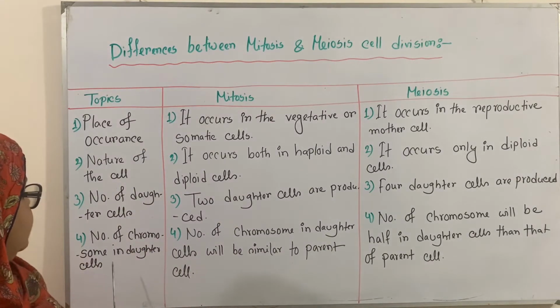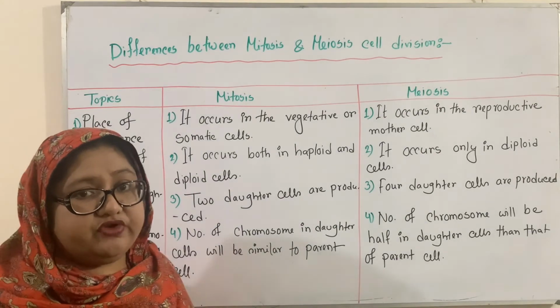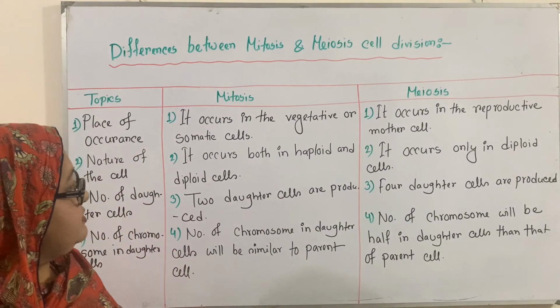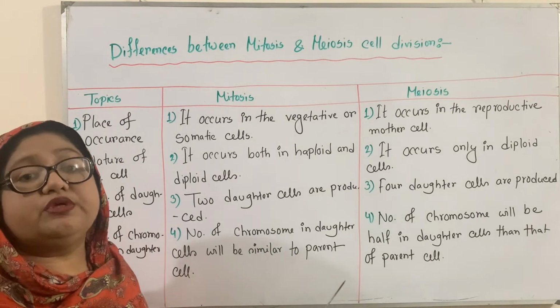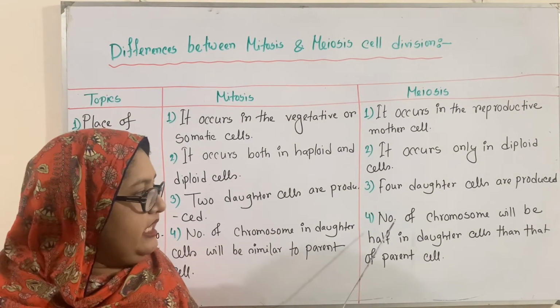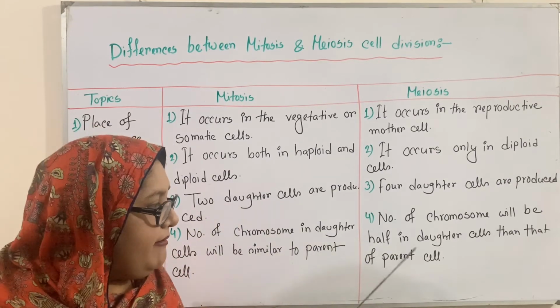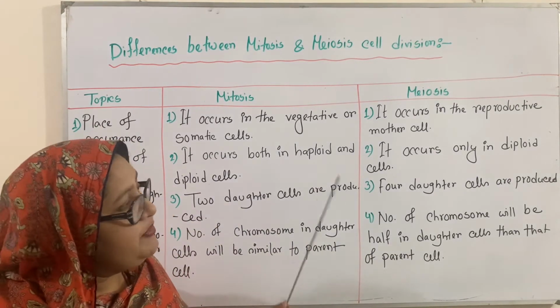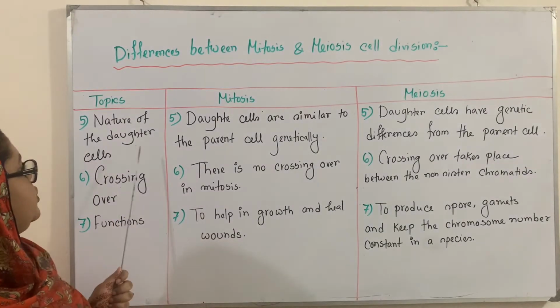Next, number of chromosomes in the daughter cells. After mitosis cell division, the number of chromosomes in the daughter cell will be similar to the parent cell. On the other hand, the number of chromosomes will be half in the daughter cell compared to the parent cell in meiosis cell division. Next, nature of the daughter cells.